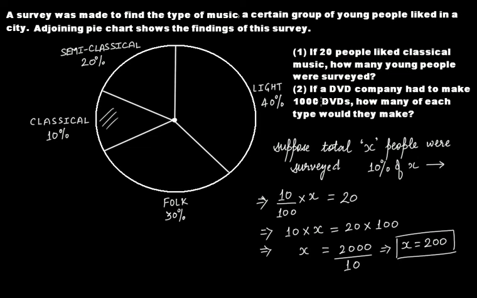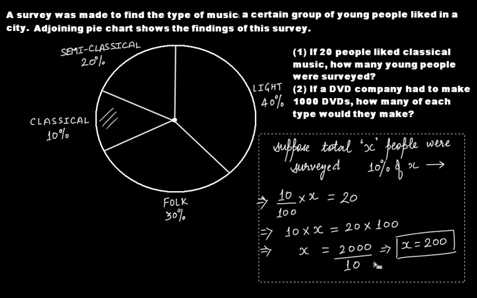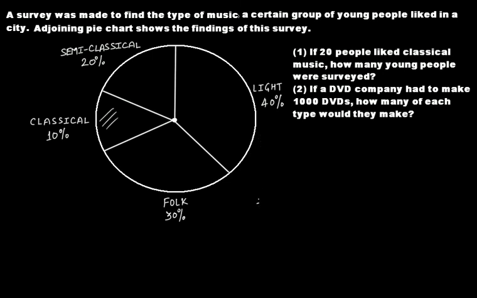Now the second part of this question. If a DVD company had to make 1000 DVDs, how many of each type would they make? So a DVD making company has to make 1000 DVDs.